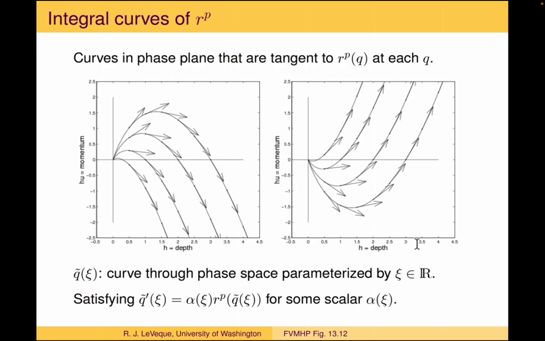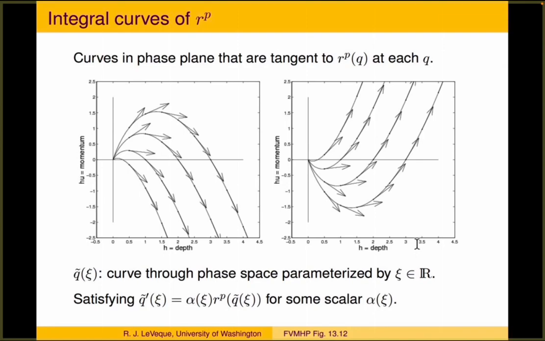And what I've drawn here now is a set of curves in the phase plane, the h-hu plane, that have the property that if you look at the tangent vector to any one of these curves, those are the arrows drawn here, each one of those arrows points in the direction of a corresponding eigenvector.